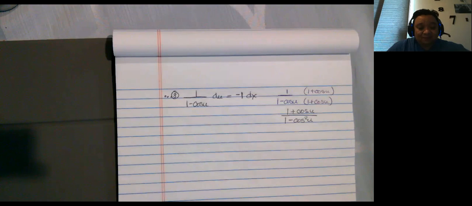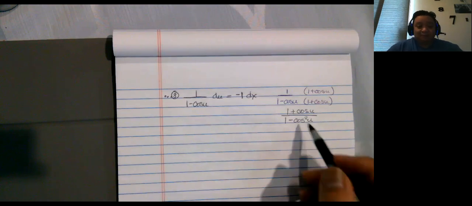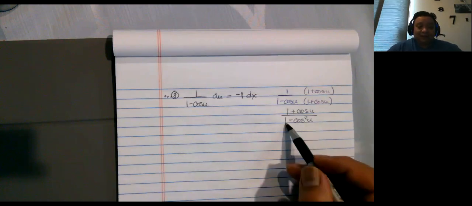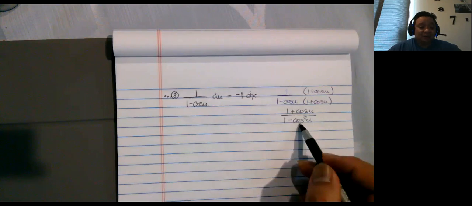The bottom now becomes 1 minus cosine squared u. And what is 1 minus cosine squared u? So what will be the bottom if you simplify? So what is 1 minus cosine squared?